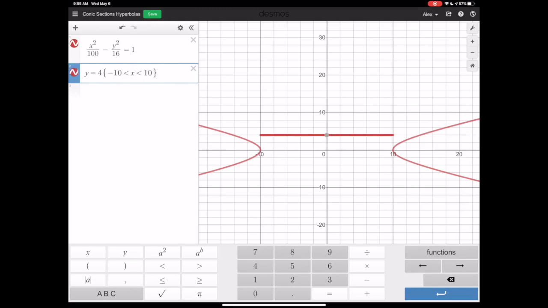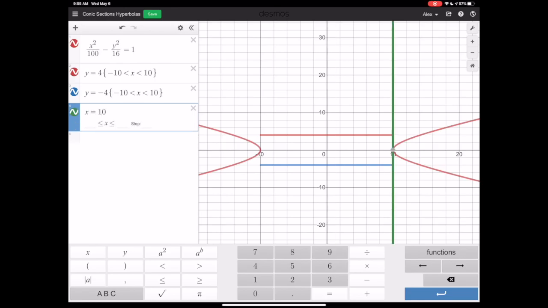So there's that first top half. The bottom half would be at negative 4, and then would run from the same thing, negative 10 to 10. The edges of my box are determined by the verticals at the asymptotes, so that would be at x is equal to 10. This again would only run from negative 4 to 4. So don't worry too much about having to create this. I'm really just getting the lines in.